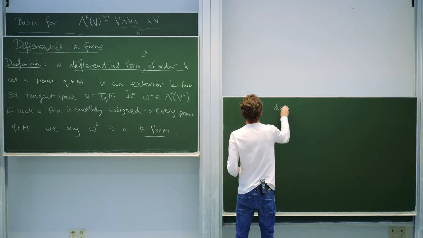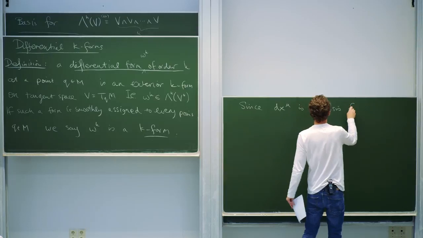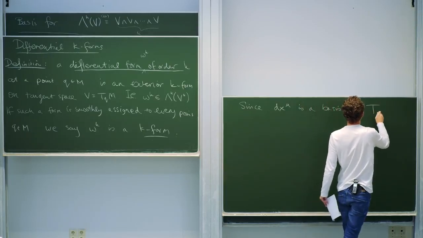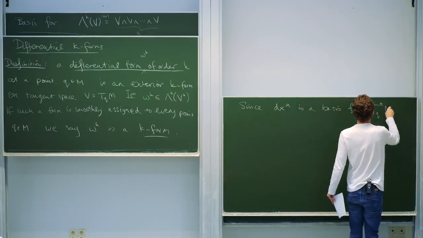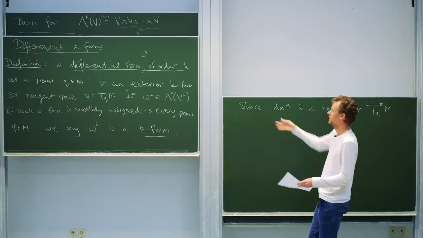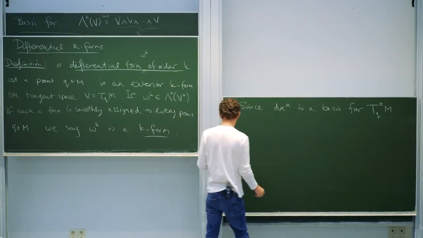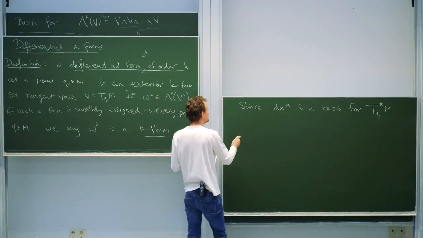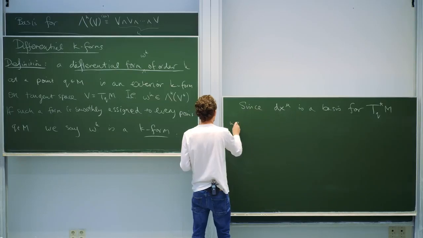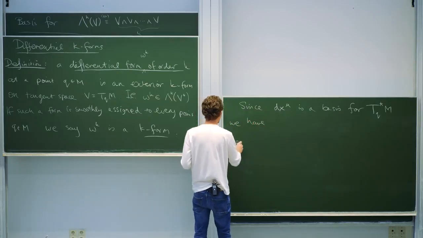All right, we have this nice basis for the cotangent space. Then I just wrote out what is the basis of wedge^K V. And we have the following theorem as a consequence.